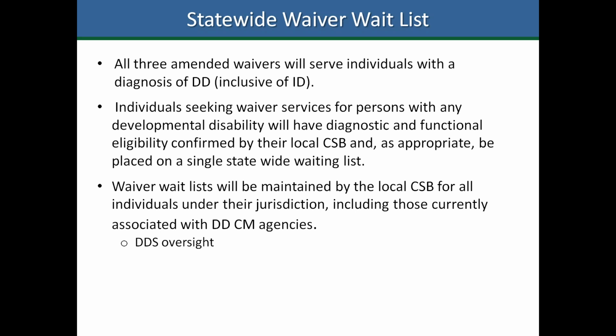So DBHDS has staff called regional support specialists. There are currently 5, one for each of our 5 regions, and we are going to be hiring a second one for the Northern Virginia region. And these staff will ensure that individuals are added to the waiver waiting list appropriately.